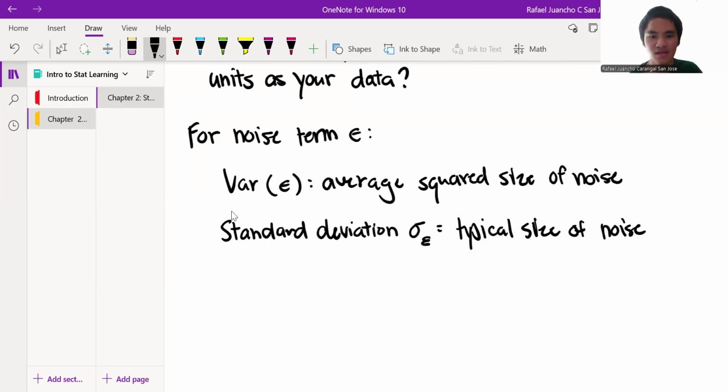So if that standard deviation is, let's say, equal to 5, then we can think that even with a perfect model, predictions will typically be off by about 5 units, simply because of its randomness.